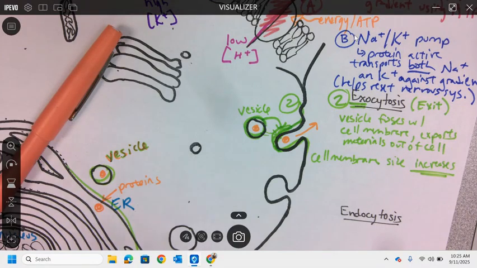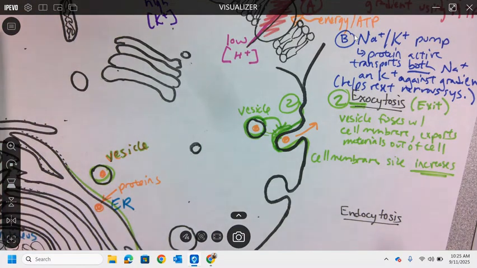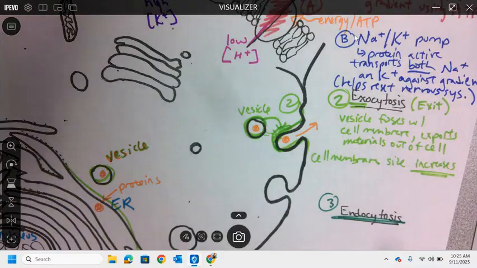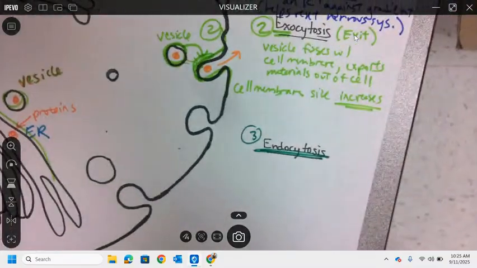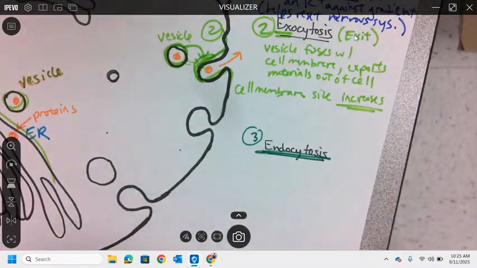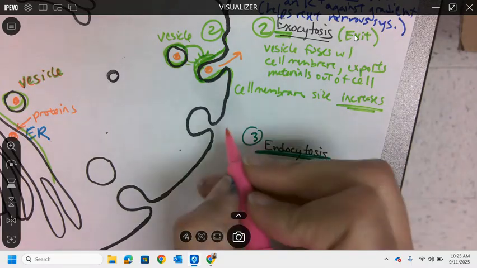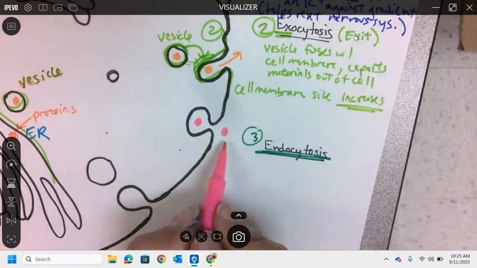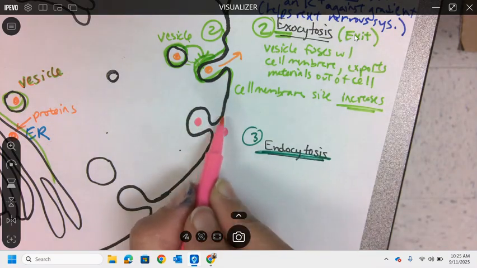Sometimes we need to bring things into the cell. So that's our last example on this page, which is endocytosis. In endocytosis, you have something outside the cell that needs to be brought in. Could be a virus, could be a bacteria, could be a food, could be all sorts of things. So whatever this thing is outside the cell, it bunches up near the cell membrane, and whatever needs to be brought in sits next to the cell membrane.